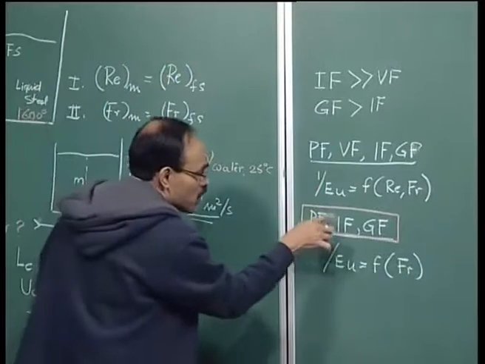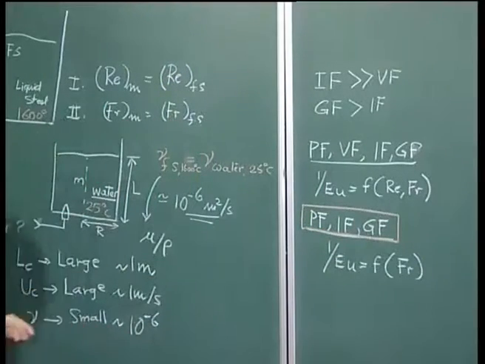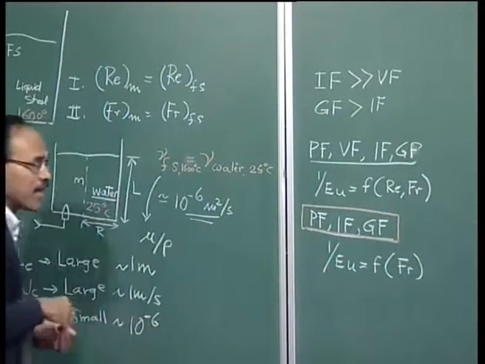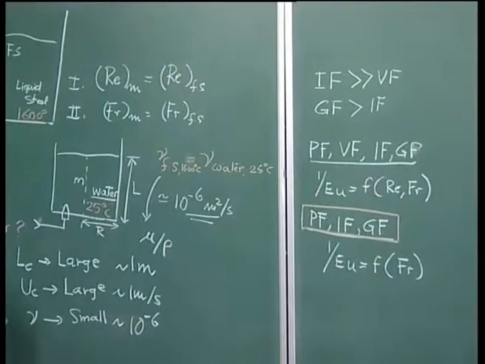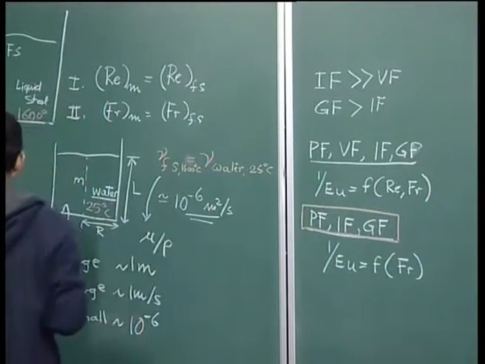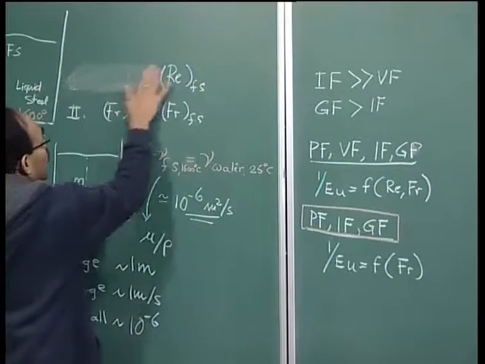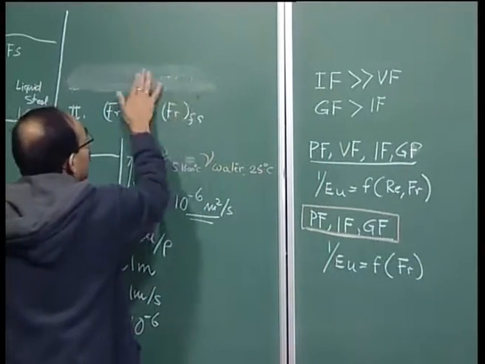Now, if pressure force, inertial force, and gravitational force are the relevant forces, this is the limiting expression, and therefore I can say that the Reynolds criteria in reduced scale modeling using water is not so important.